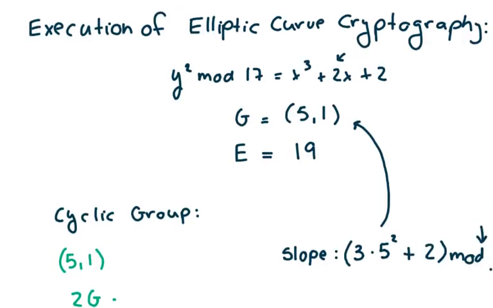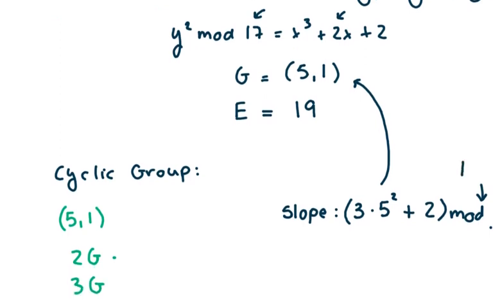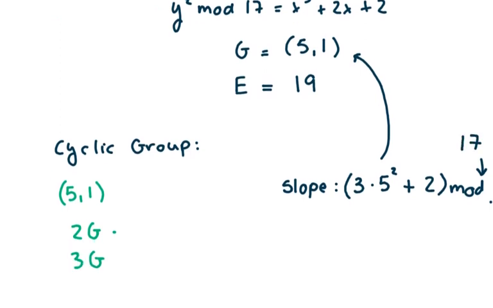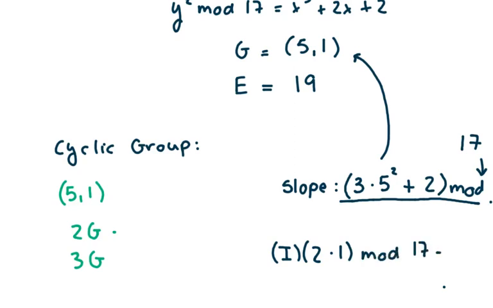And p in this case happens to be 17. And that's going to be divided by a number I, which satisfies the equation I times 2 times the y-coordinate of point x, so this would be 1, mod p, or mod 17, is equal to 1.